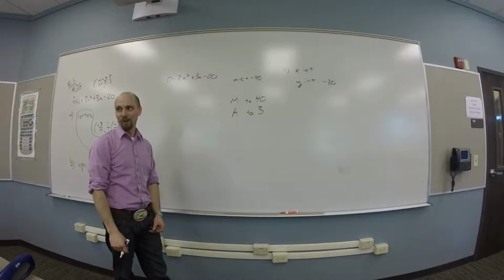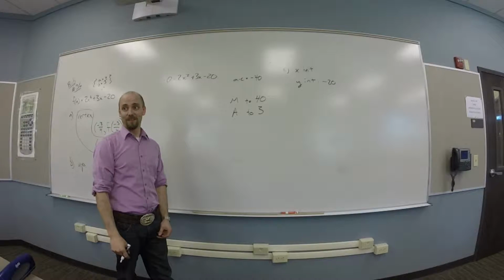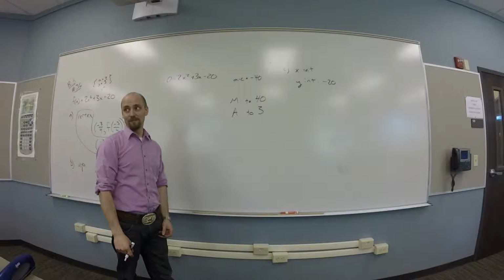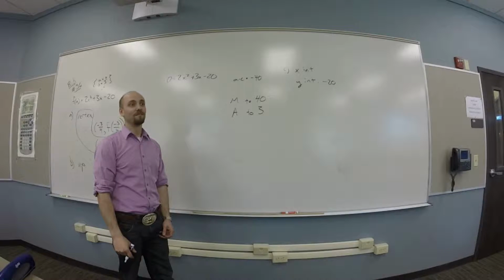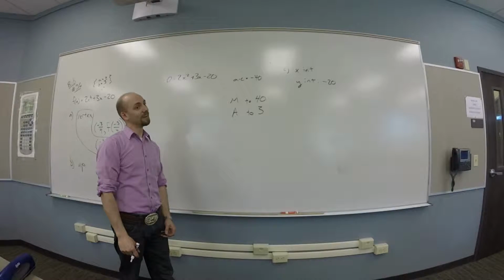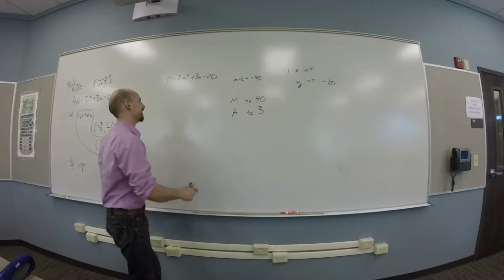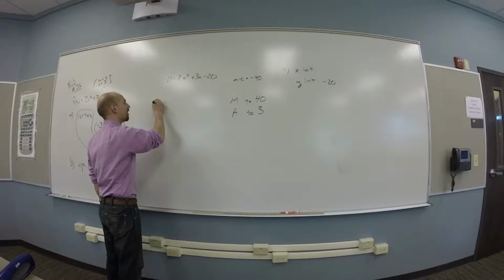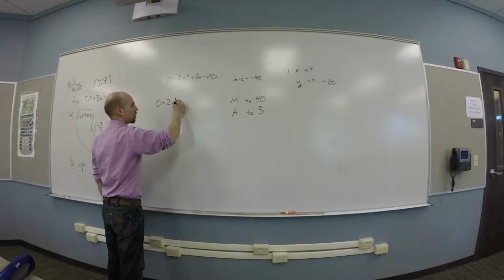What are the factors of 40? 4 and 10, 2 and 20. That's going to work? No. 5 and 8? There you go. Bingo. Yeah, one negative.